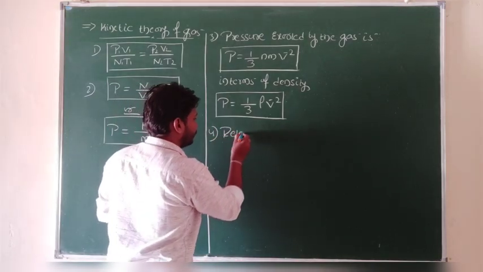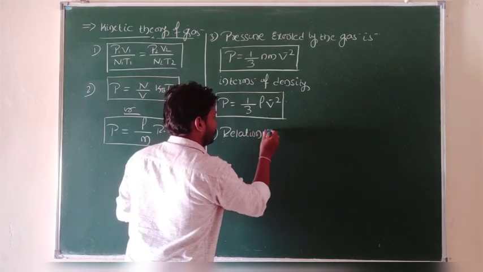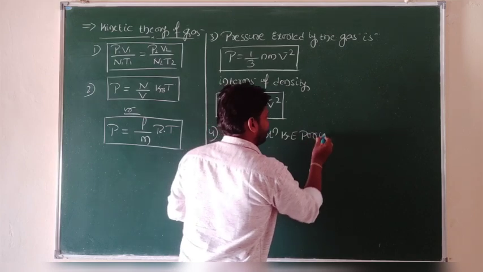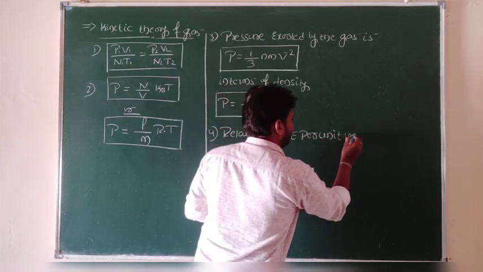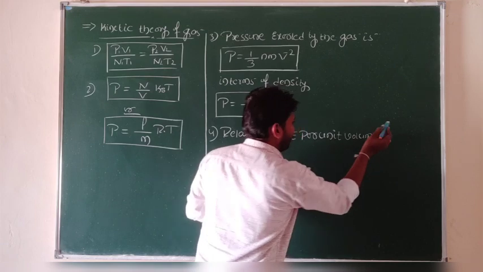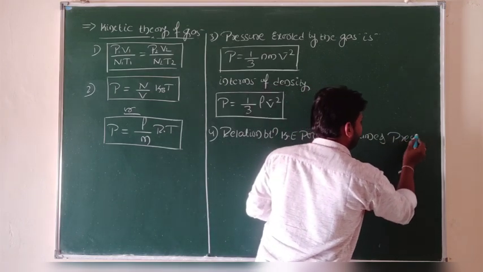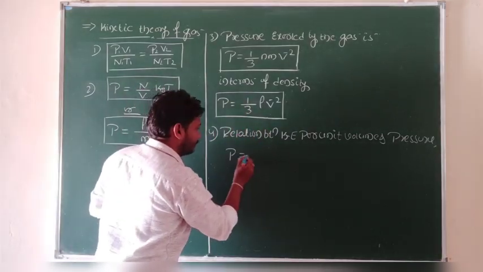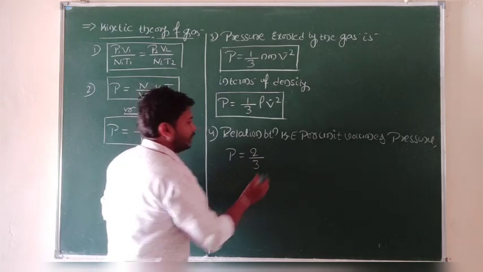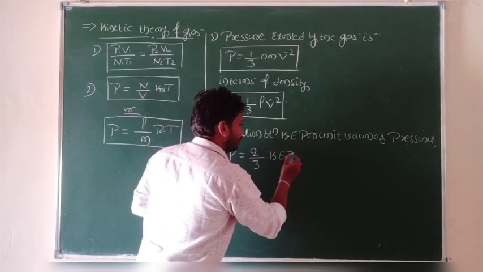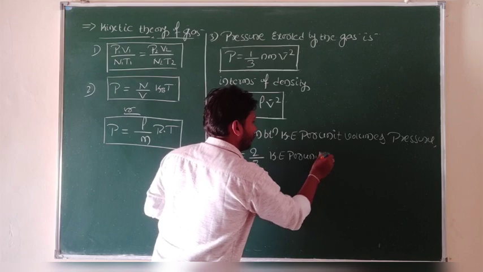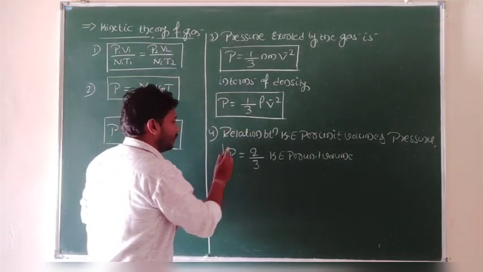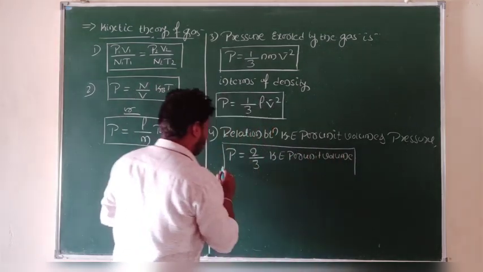Pressure is equal to 2/3 of the kinetic energy per unit volume. So how to remember this equation? It's enough: pressure is equal to 2/3 of the kinetic energy per unit volume.